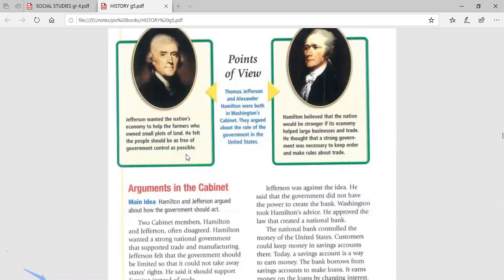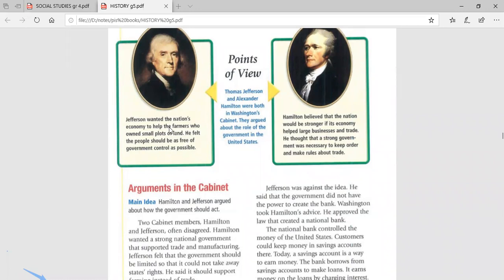Okay, but Hamilton, what did he believe? He believed that the nation would be strong if its economy helped large business and trade. He thought that a strong government was necessary to keep order and make rules about trade. So each one has a point of view.